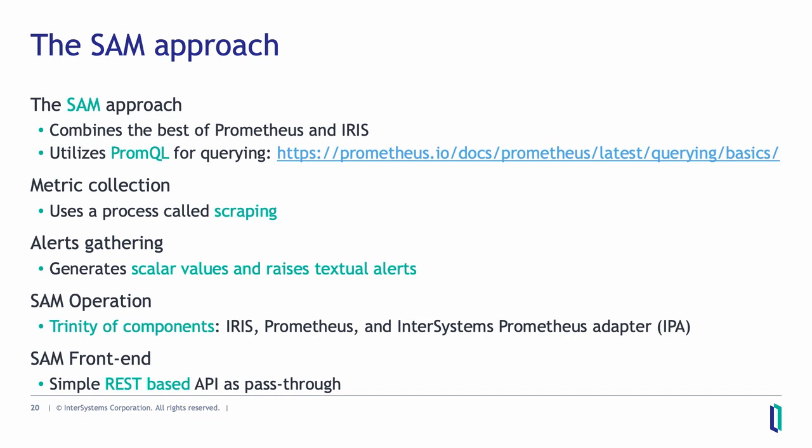So then we asked ourselves, how then are the needed alerts generated by IRIS managed within SAM? The answer is simple. It just means signaling to SAM that one or more alerts have been raised and that SAM, as opposed to Prometheus, should scrape the alerts.